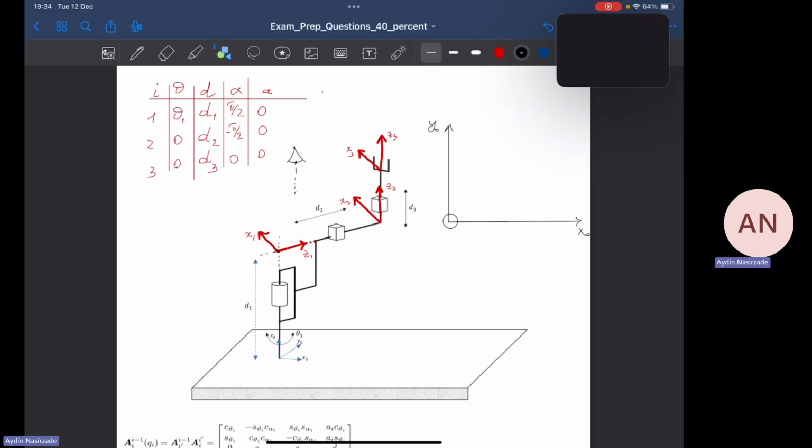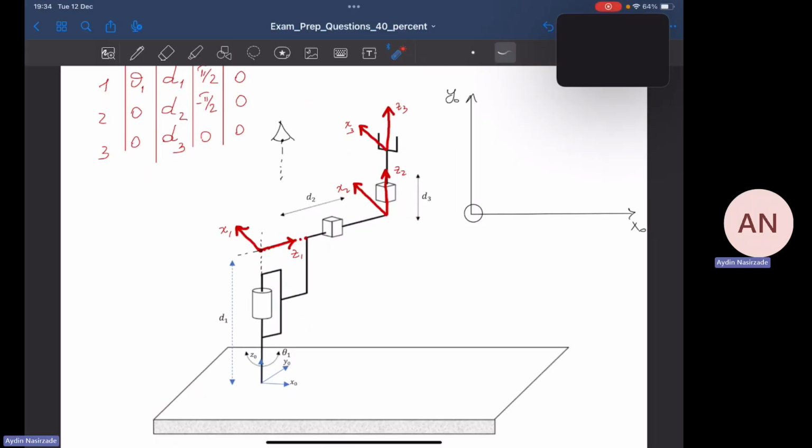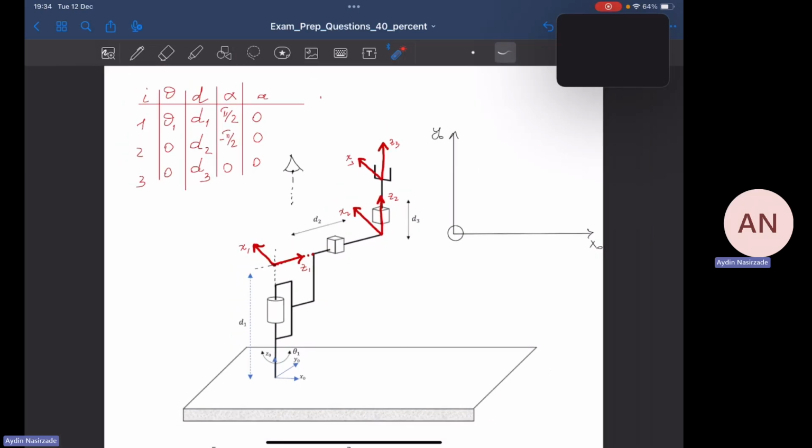Now the trickiest part here is to take the angle theta 1 into account. First of all, let's see what is the positive direction for the theta variable. The positive direction of rotation around z0: my right thumb is pointed upwards, and the curled fingers show the positive direction of rotation, which is this one.